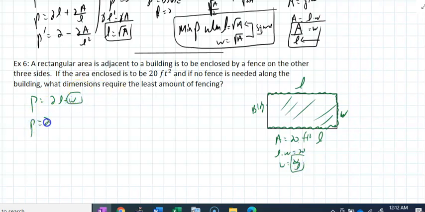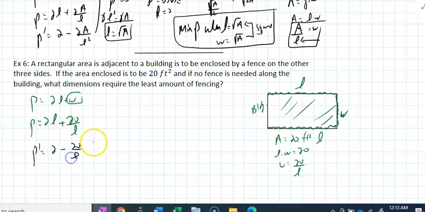And the perimeter is twice L plus 20 divided by L. So, if I take a derivative, that's 2 minus 20 over L squared. The derivative is 2L squared minus 20 over L squared.